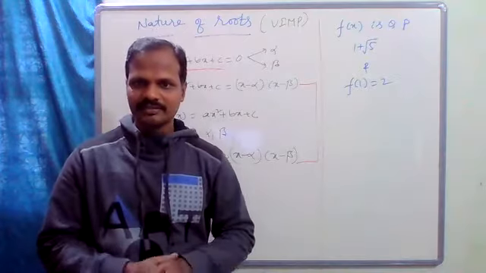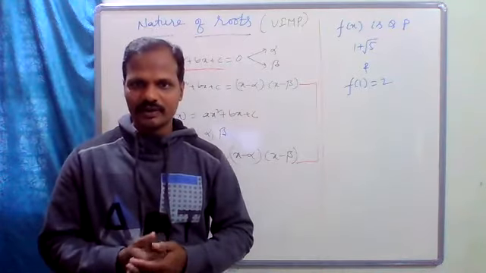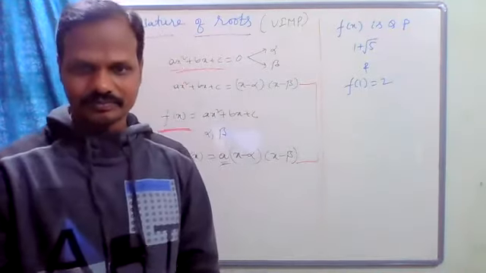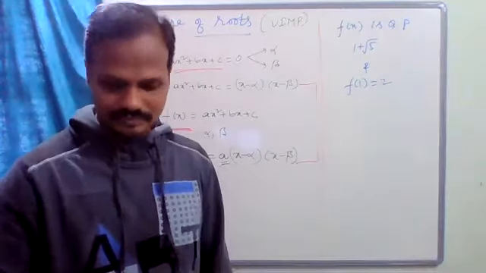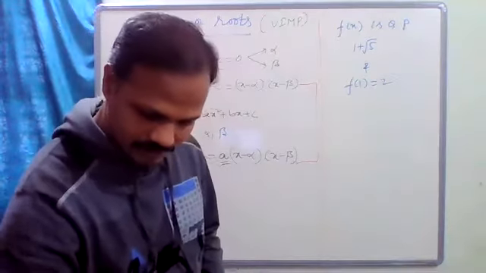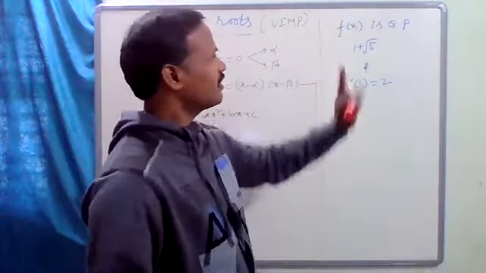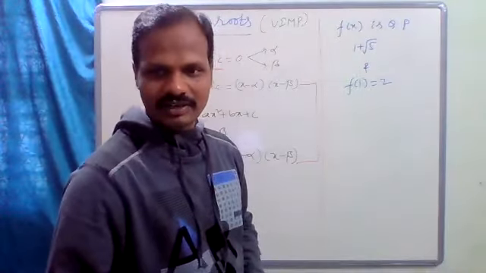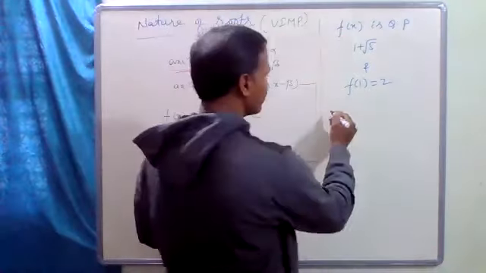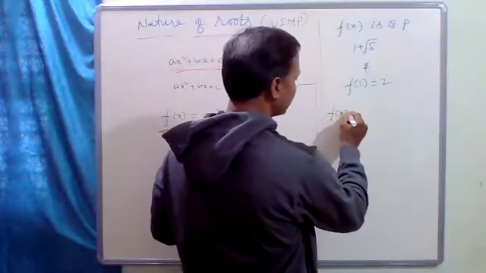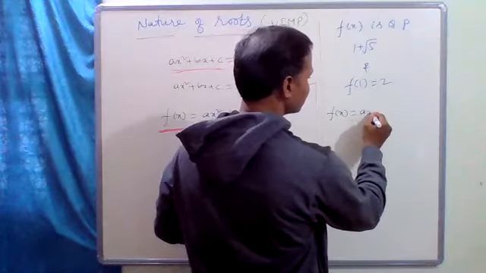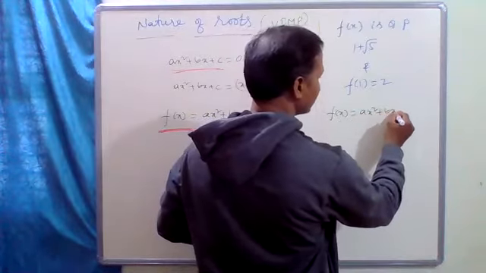Anybody give me the answer? See here, what is given? F of x is a quadratic polynomial, so I can write f of x equal to ax square plus bx plus c.